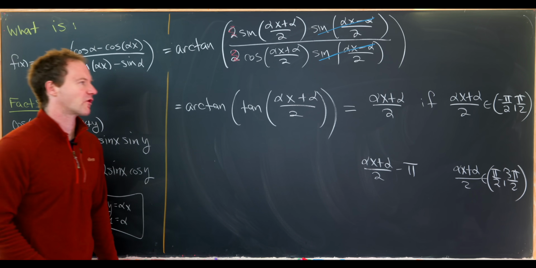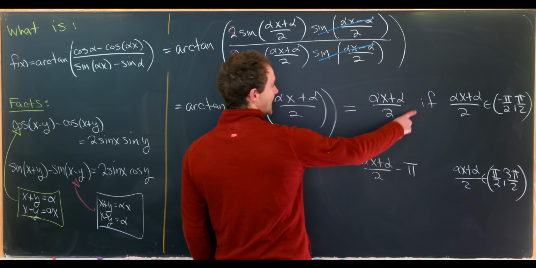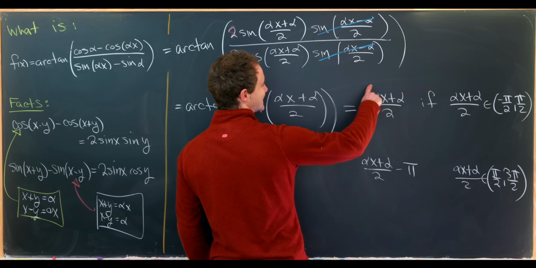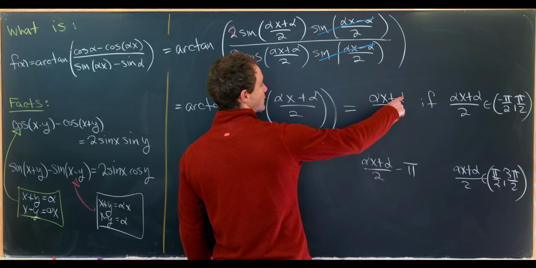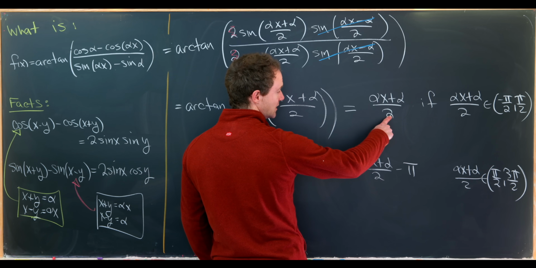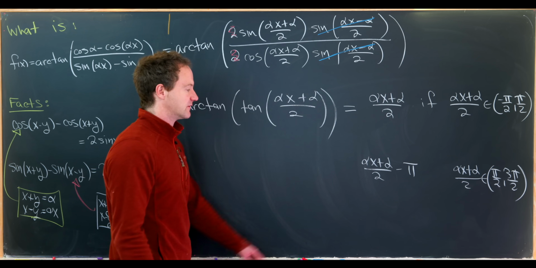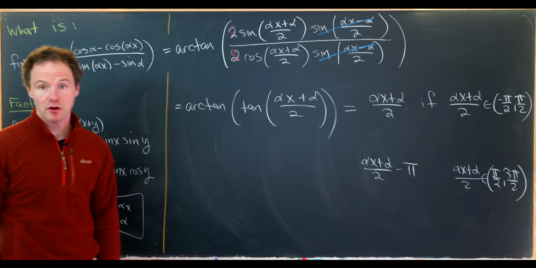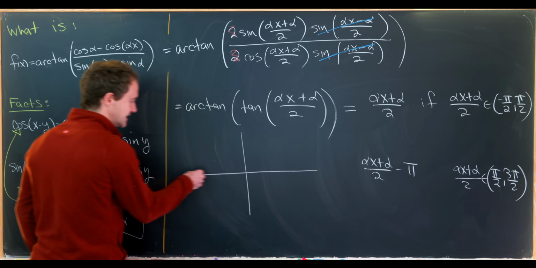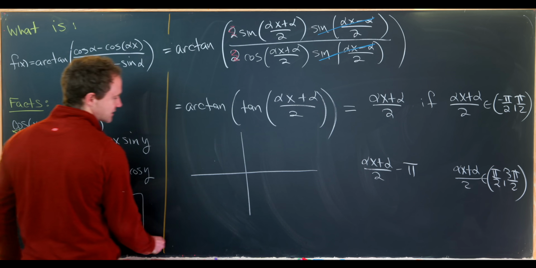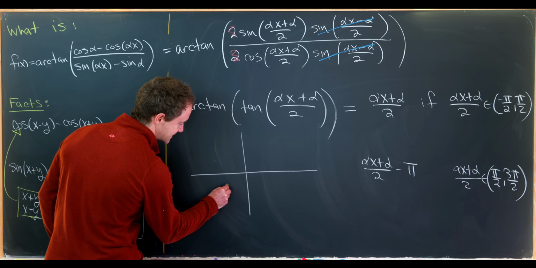Okay, so what would the graph of this be? Well, between negative pi over 2 and pi over 2, we have this line here. It has a slope of alpha over 2, and it has a y-intercept of alpha over 2. But between pi over 2 and 3 pi over 2, we have a line with the same slope, but a different y-intercept. So if you put all of these things together, you get a picture that looks something like this.